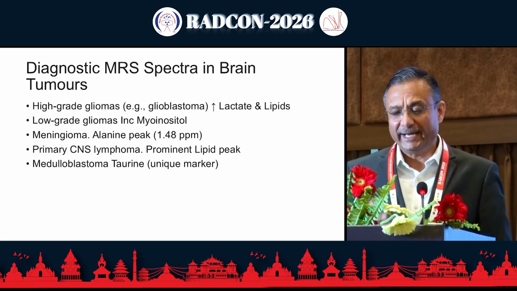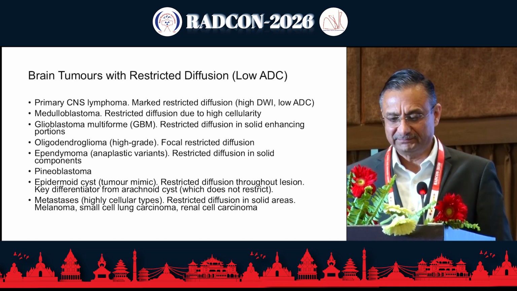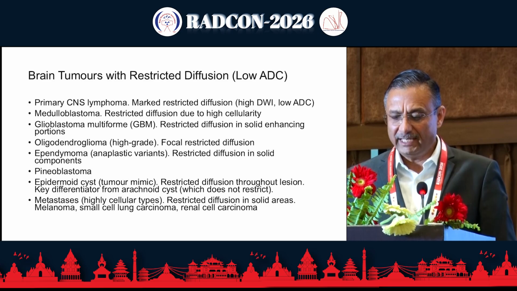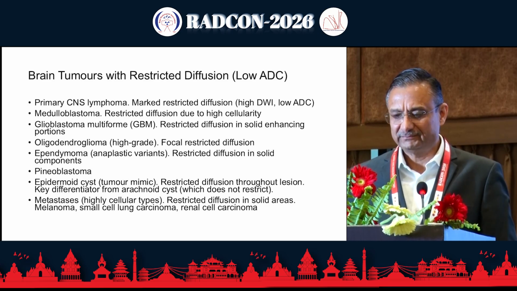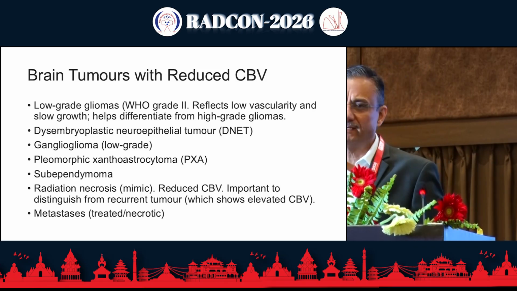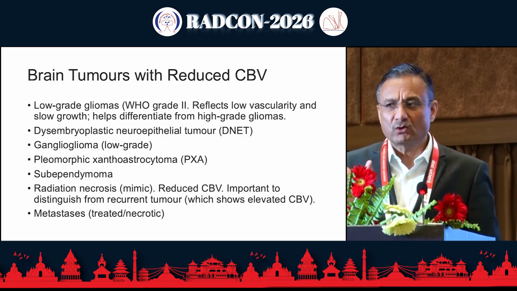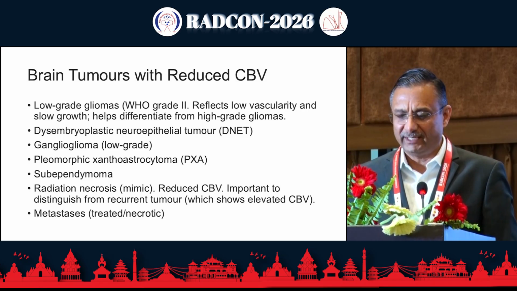Then we should know brain tumors which have restricted diffusion, like the CNS lymphoma, ependymoma, epidermoid cyst. Next, which are the tumors which have reduced CBV? Most tumors have increased cerebral blood volume. So a signature could be which are those tumors which have reduced CBV?